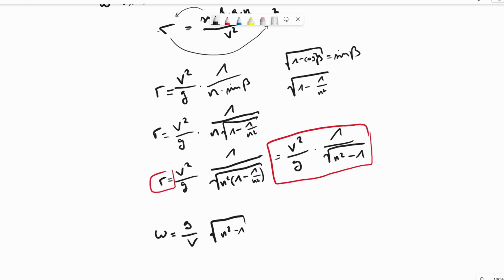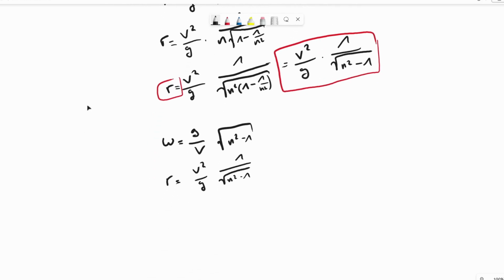Okay. And R equals v squared divided by g times 1 over n squared minus 1. Okay, now let's form the limit. The first thing we do is that we say v equals v s0 times square root of n, because we want to be at the lift limit to minimize our stall speed.